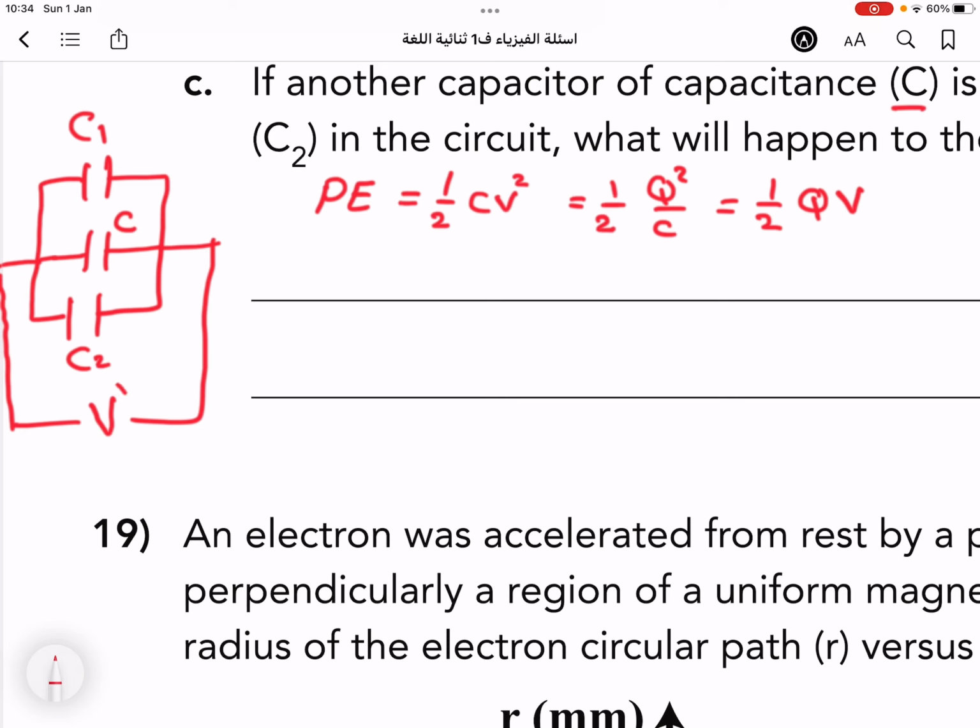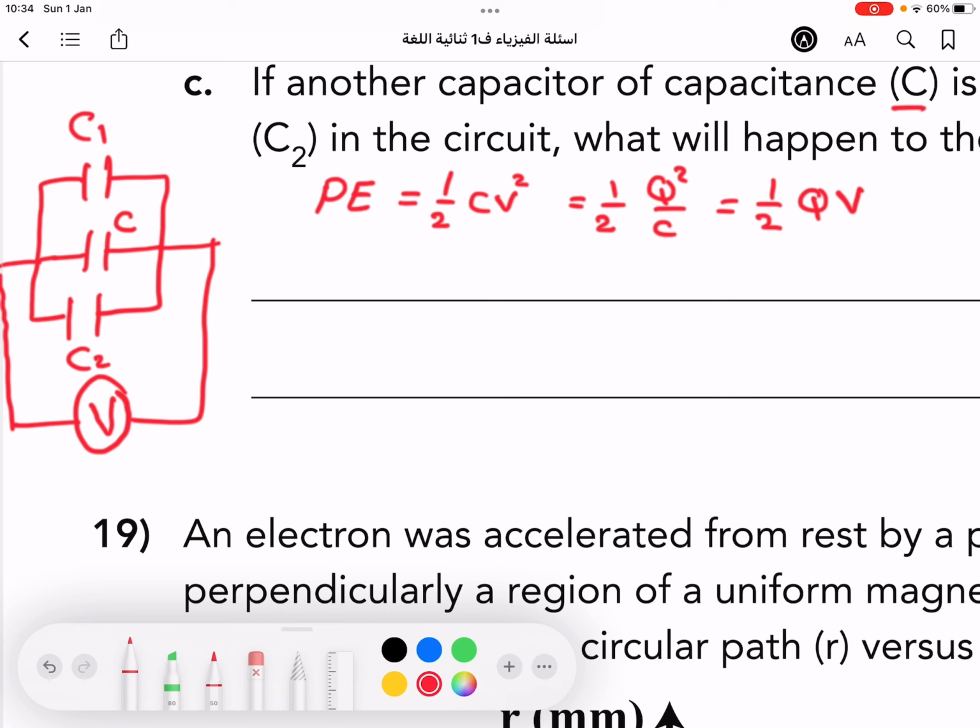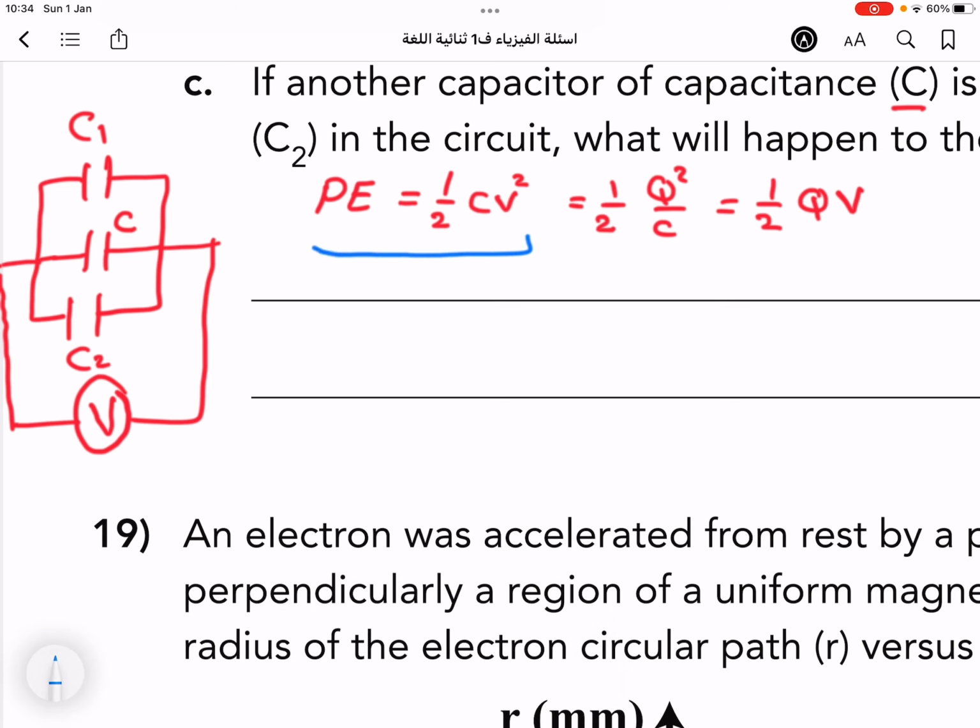The constant value here is the potential difference V, so we need to choose the first one to see what will happen to the total energy, because we need to find one of them that is constant. This is constant, and when we add the capacitor C, the change will be in the total capacitance.